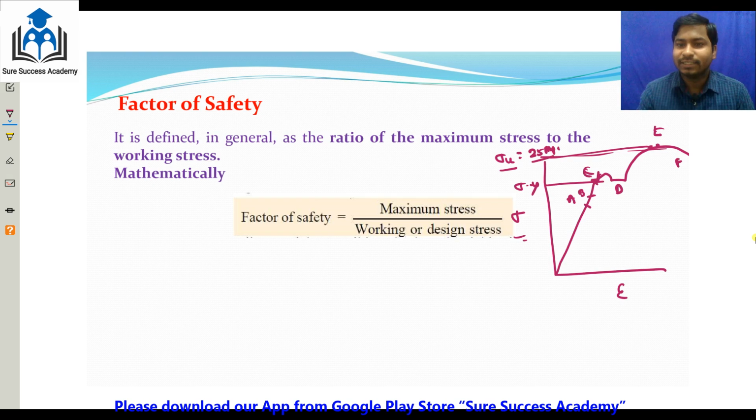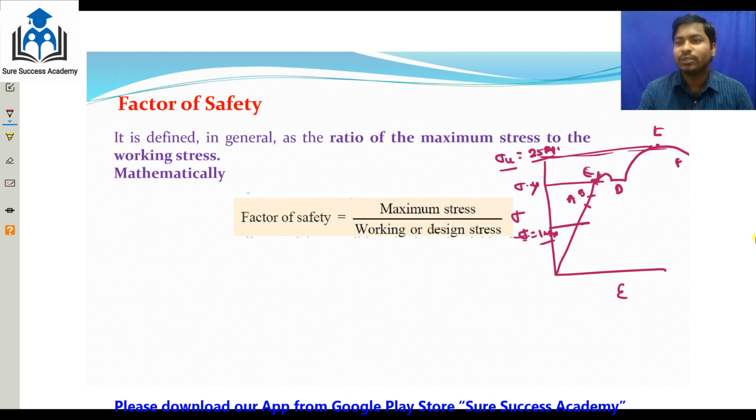The material strength itself is 250, but if you work at 260, 270, the material will fail. So always keep some reserve strength. That is called reserve strength, or the factor of safety. Suppose I work at a stress of 100 MPa. The load acts on the member such that the stress develops to only 100 MPa.